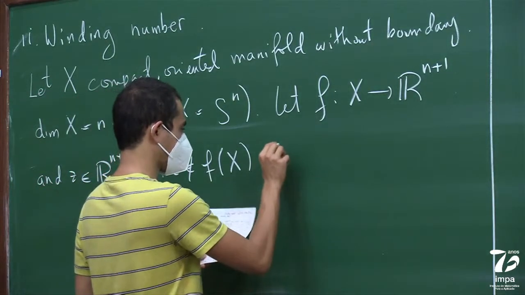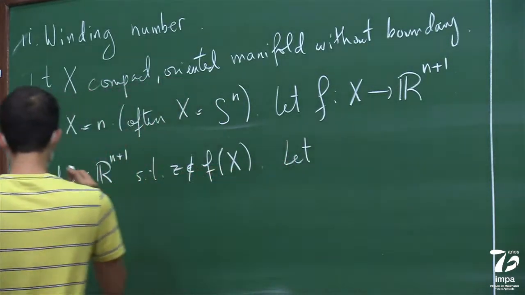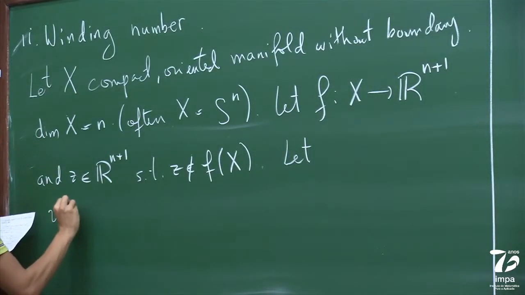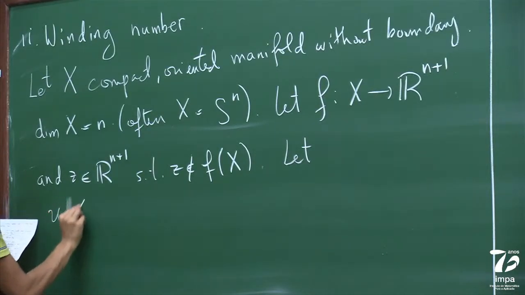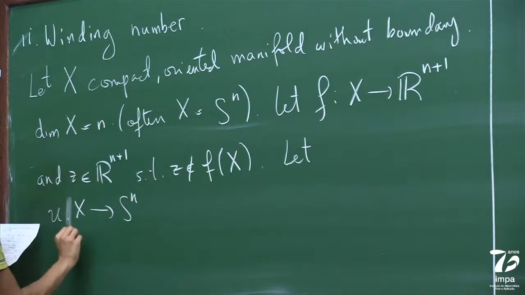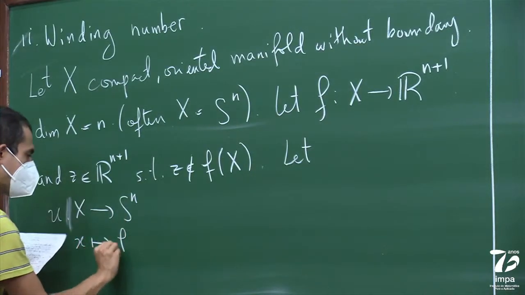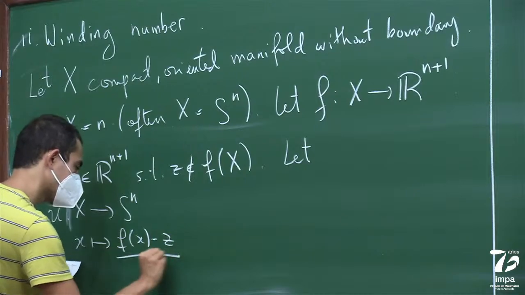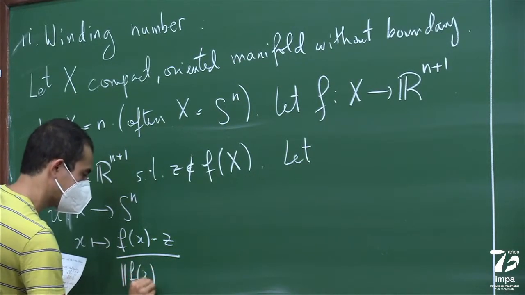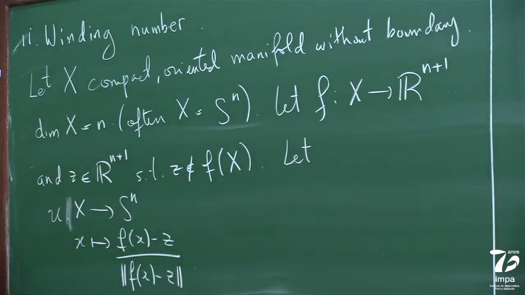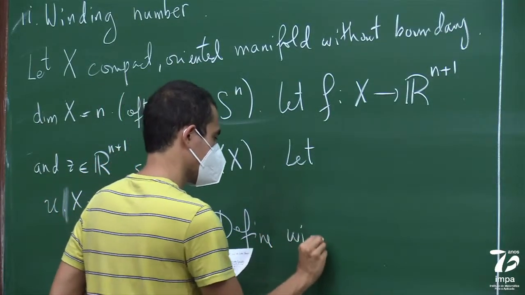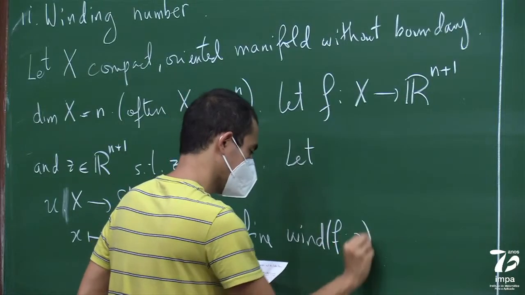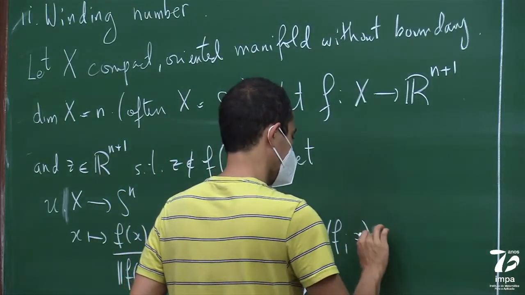So to do that, we define this auxiliary function u, which goes from X to Sn and takes x to f of x minus z over the norm of f of x minus z. Okay? And we define the winding number of f with respect to z to be the degree of this u.